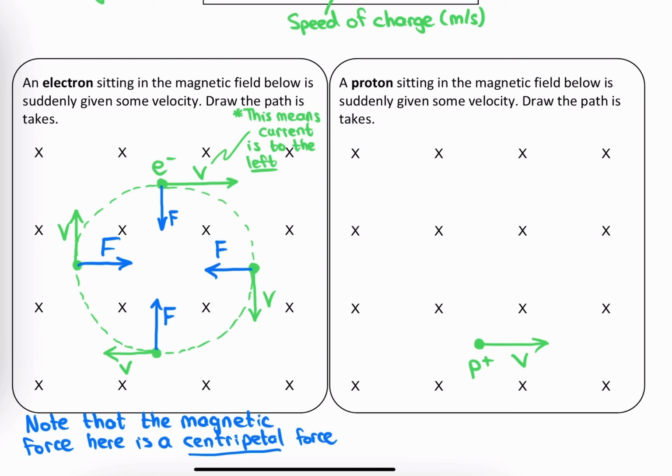And then take out your right hand. Put your finger in the direction of the magnetic field, the pre-existing magnetic field, so into the page. Put your thumb in the direction of the current. Well, current is the direction a positive charge moves. This proton is a positive charge, so we just put our thumb in the direction the proton is moving, to the right. And then when we bust out our third finger, our middle finger, we see it's pointing up towards the top of the page.